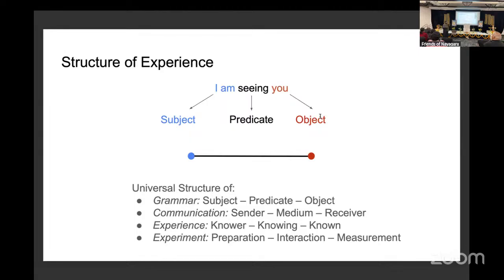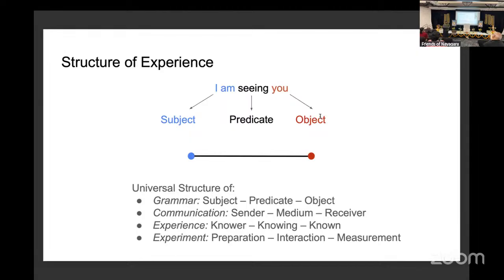I'm a sender, you're a receiver, there's some medium. For every experience, I'm a knower, you're the known, and there's some knowing happening. Same for any experiment that you do. You prepare something, it interacts with some measurement device, and you measure it. Almost anything that you can do in the world follows this broad structure, right?